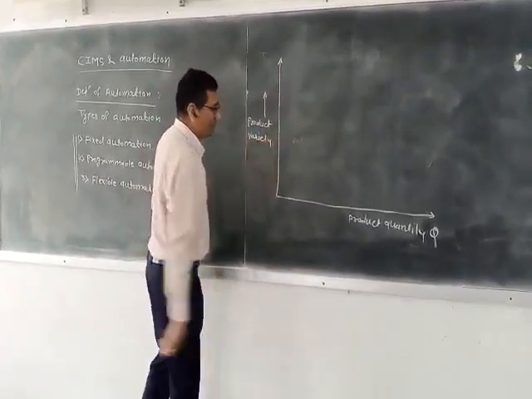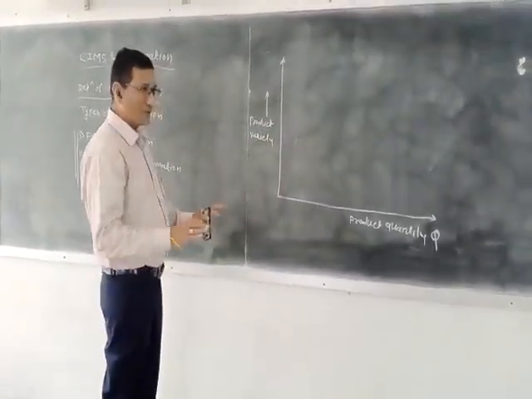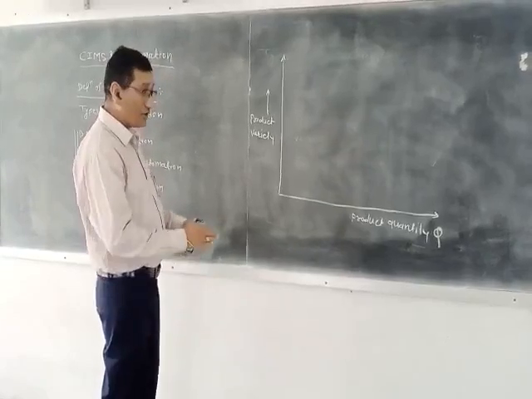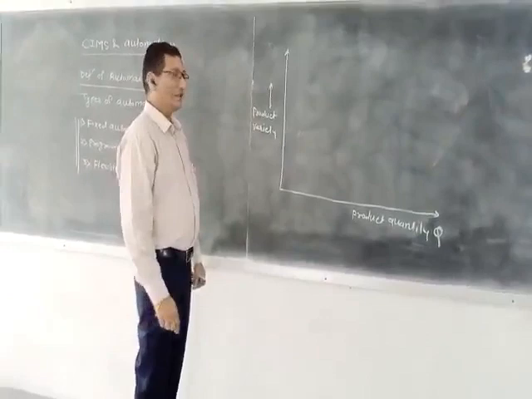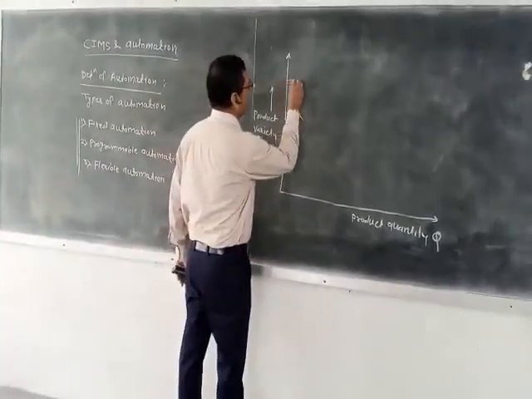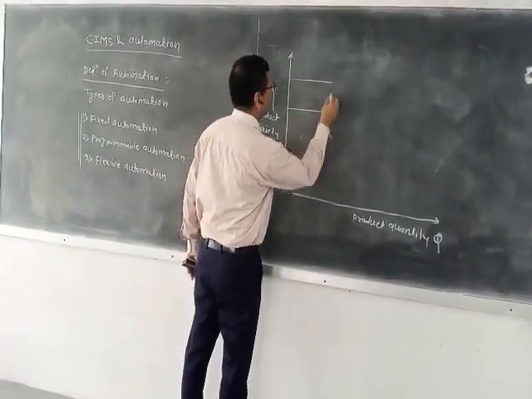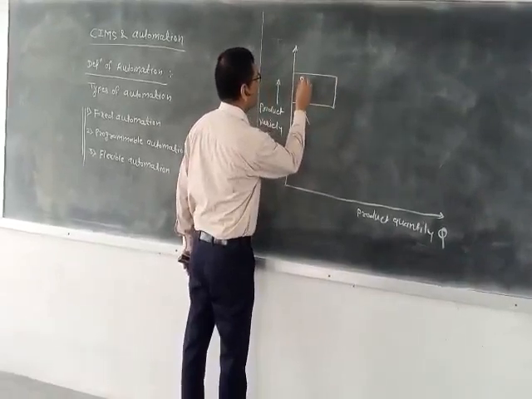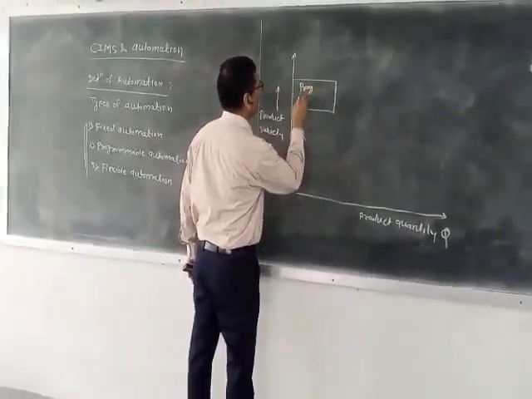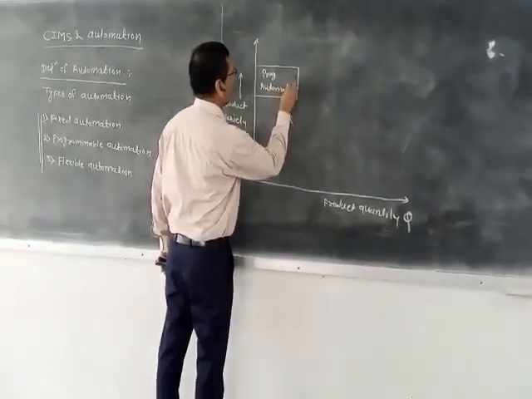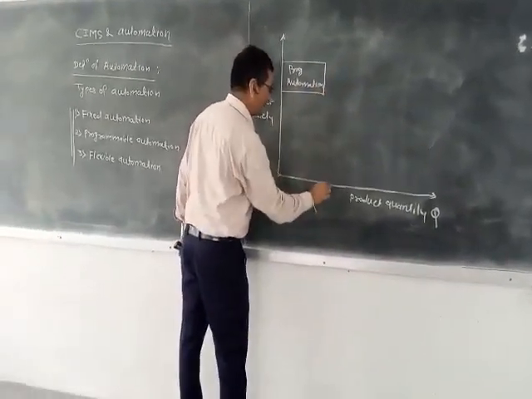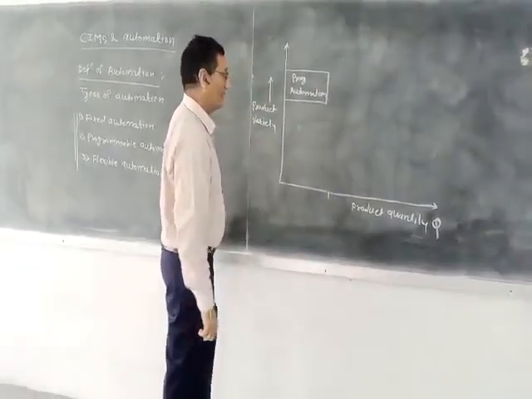Then in case of fixed automation, you will have high quantity, but at the same time your variety will be reduced. So I can say this is your programmable automation, wherein you will have less quantity, but you will have high variety.